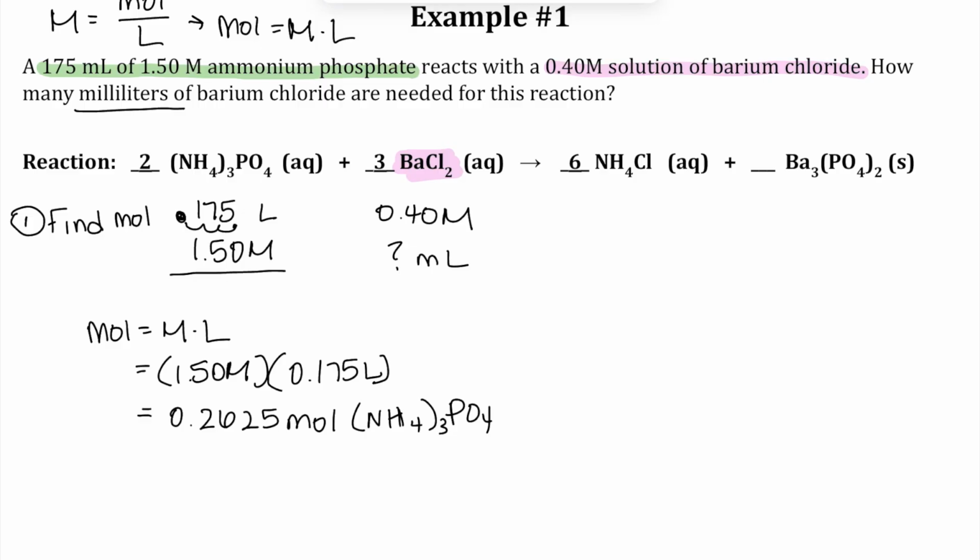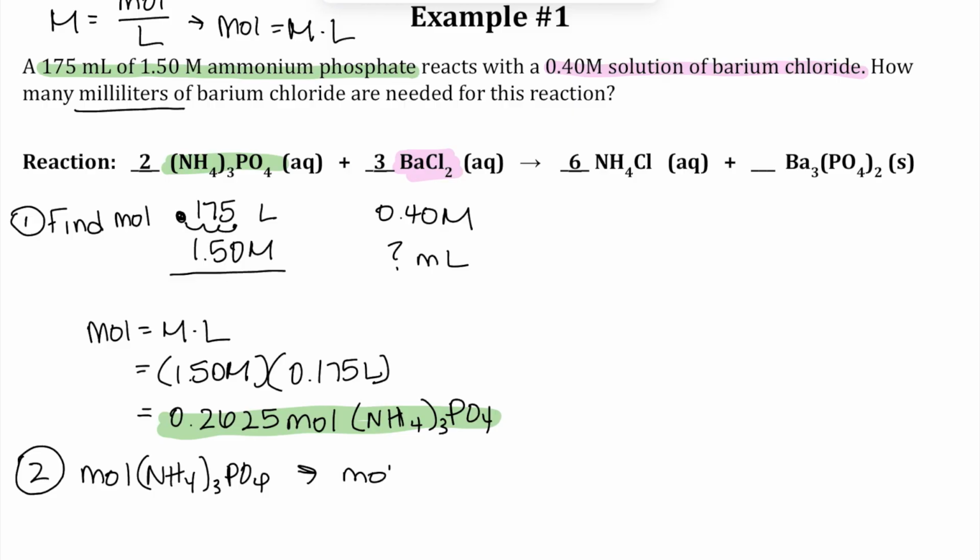And I want to do all my sig figs at the end, so I'm going to keep a few digits past my sig figs. But now that I have my moles of ammonium phosphate, in step 2, I can go from that moles of ammonium phosphate to finding how many moles of barium chloride I need.